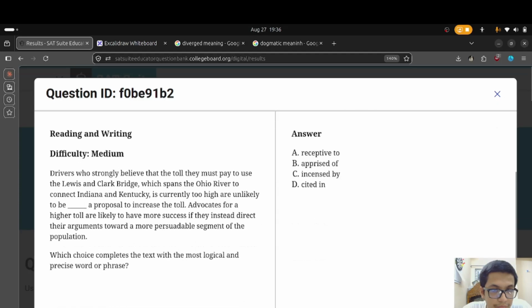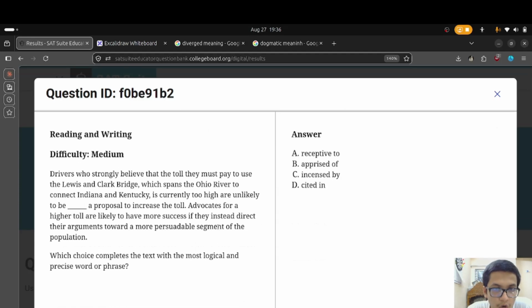Now let's solve this. Drivers who strongly believe that the toll they must pay to use the Lewis and Clark Bridge, which spans, okay, so you can see there is a nonessential clause here. When a phrase is set off by two commas, it means it's a nonessential clause.